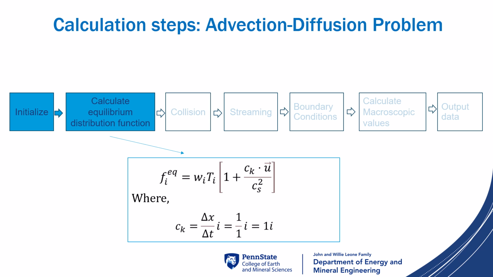f_eq equals the weight times T prime multiplied by the quantity 1 plus the dimensionless bias, which is 3 times the velocity component in that direction. This formula adjusts the particle distribution based on both temperature and flow, capturing static diffusion and directed advection in a single step.